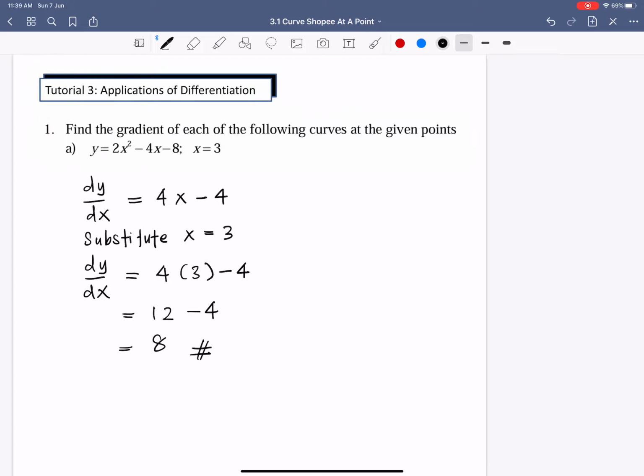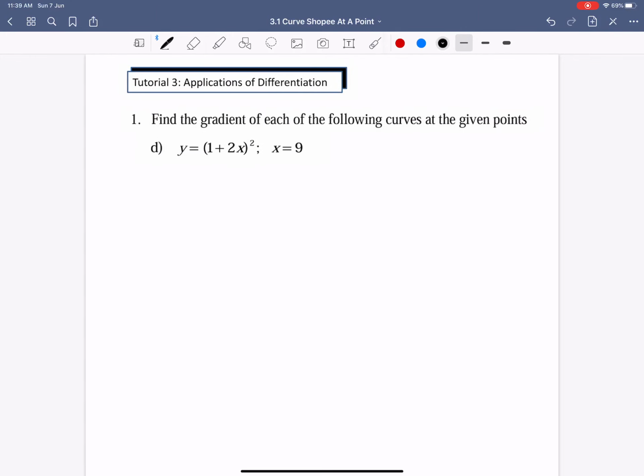Next, let us look at question 1d. In question 1d, you have y equals (1 plus 2x) squared and x equals 9, and we want to find the gradient for the curve y. First of all, we rewrite y, where (1 plus 2x) squared can be rewritten as (1 plus 2x) times (1 plus 2x).